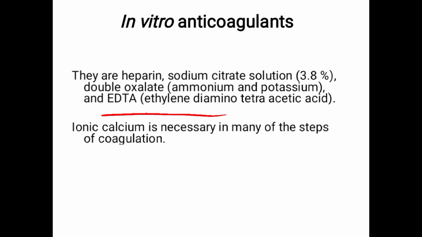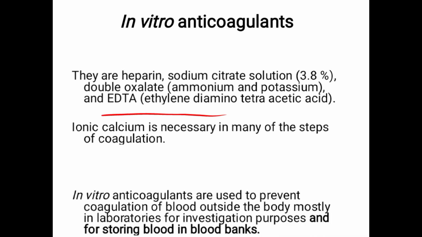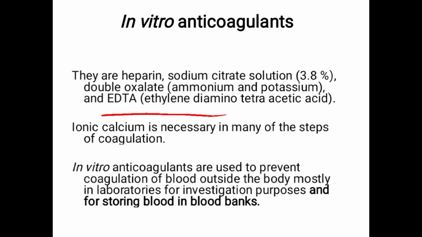Also the ionic calcium. Ionic calcium is necessary in many of the steps of coagulation. In vitro anticoagulants are used to prevent coagulation of the blood outside the body, mostly in laboratories for investigation purposes and for storing blood in the blood bank.